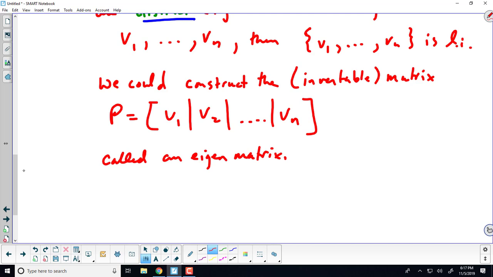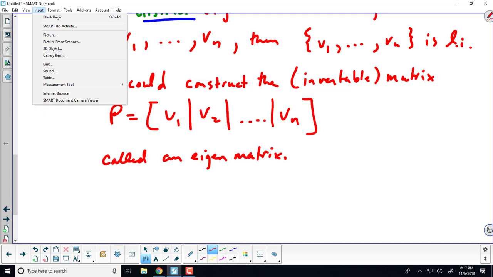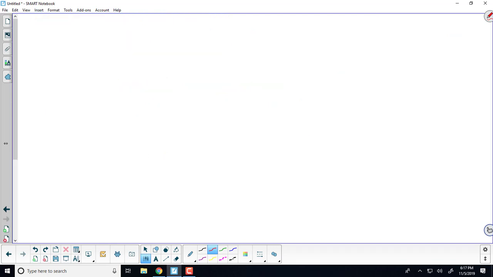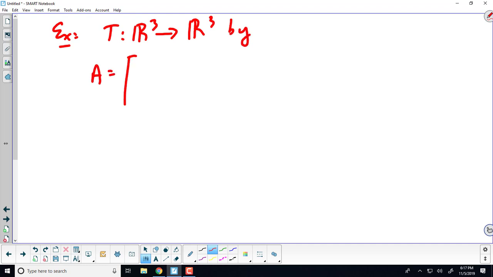Okay, so let's put some of these ideas together in one more example. At this point, we've only found one set of eigenvectors corresponding to a transformation. So let's look at this example. Let T map from R3 to R3 by A equal to the matrix with rows 1, minus 1, 0; 1, 2, 1; minus 2, 1, minus 1.